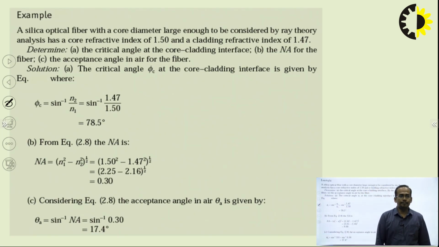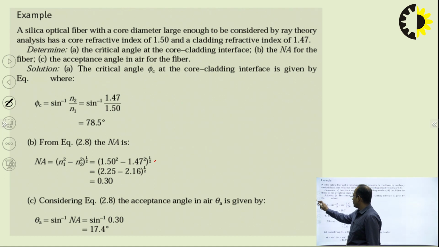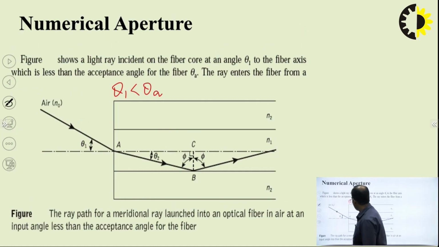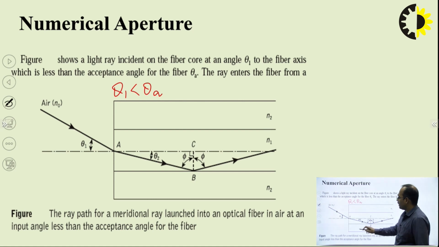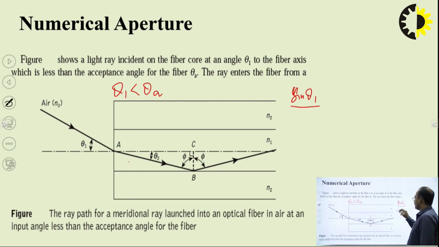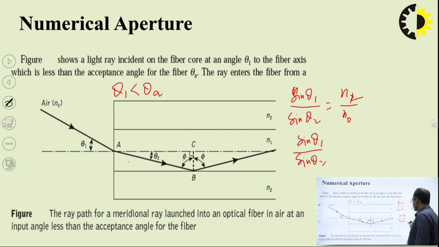Now, let us take an example from where we have got this. You can find this formula using this. This is the air, and you are entering this medium. So, you can write sin theta 1 upon sin theta 2 is equal to n1 by n0.